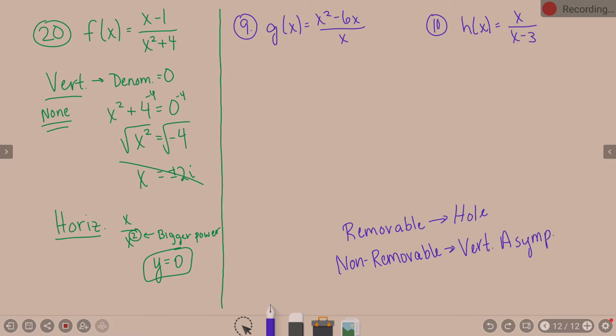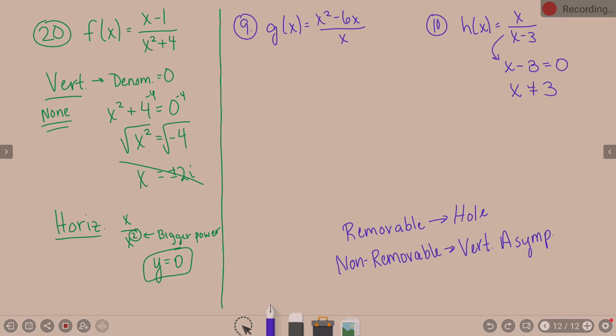It's like if I look at 10 here, is there any factoring that can be done? X is on top, x minus 3 is on bottom, so when we set our denominator equal to 0, x minus 3 equals 0, and so we get x equals 3, right? Or in other words, x cannot equal 3.